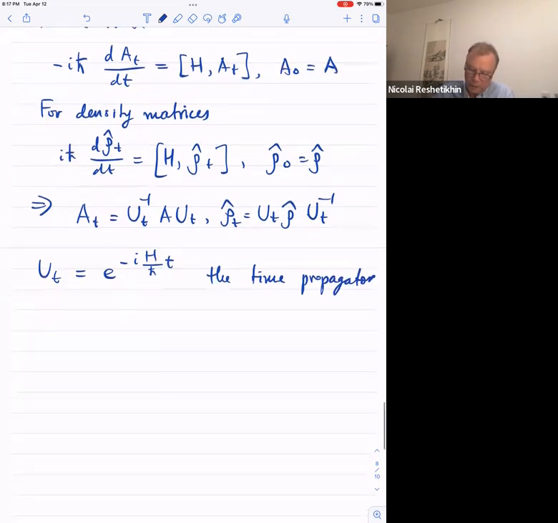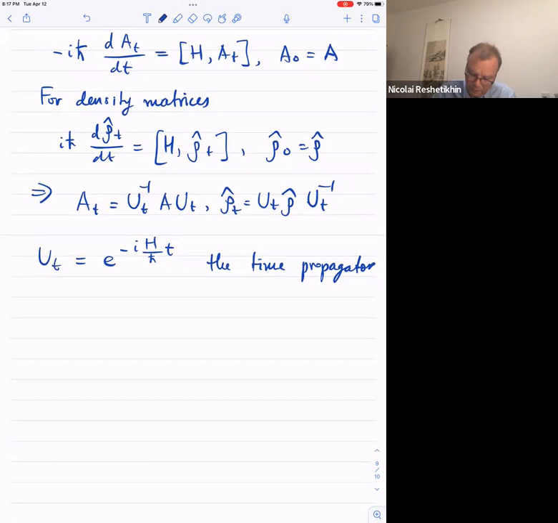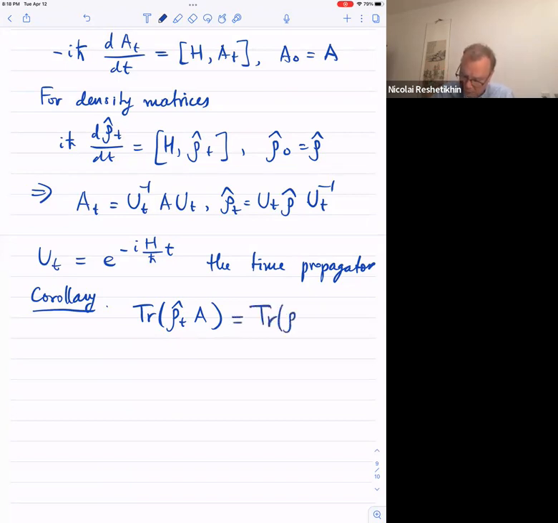Okay, this is the time propagator for our quantum mechanical system. A corollary of these definitions is that if I take the value of the observable A on the state that evolved from rho to rho_t, this is the same as the value of the evolved observable on the initial state rho.